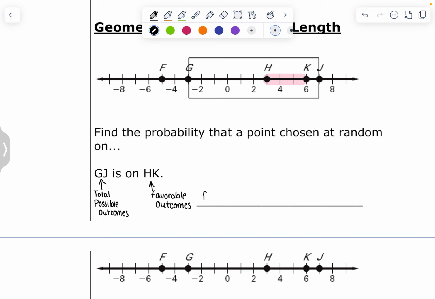So the probability that this event will occur is going to be 10, that's our possible for a denominator, and now we need to count the length of HK, which is 3. So 3 over 10 is 0.3 or 30%.